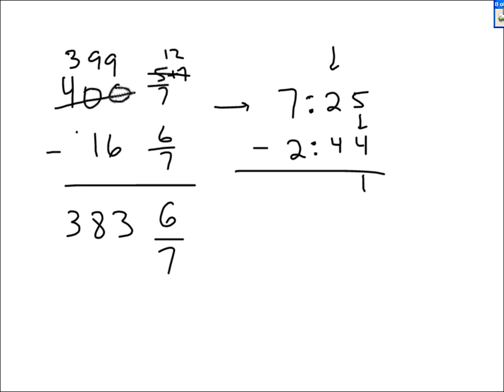So you borrow from the hours. Now remember, this position is the 10 minutes. How many 10 minutes are in an hour? 6. You add 6. So what you're really doing is adding 60. If you'd rather do that from the get-go, fine.